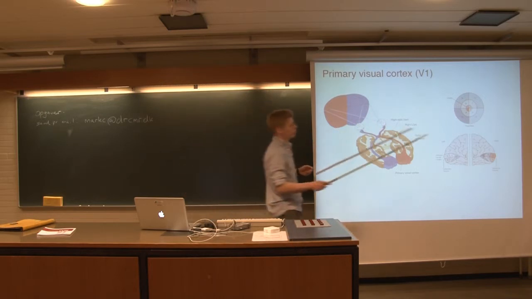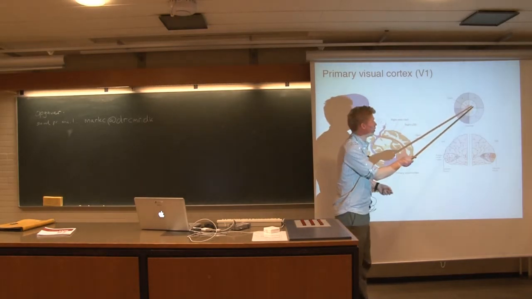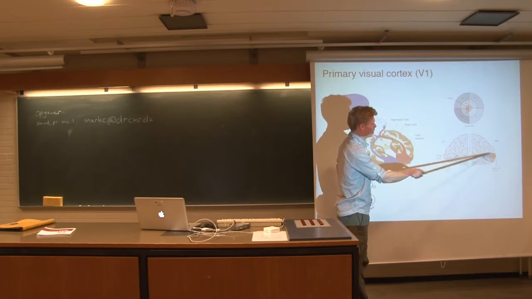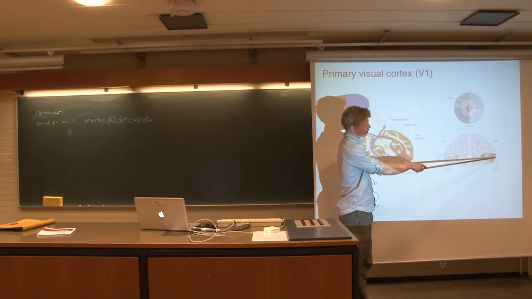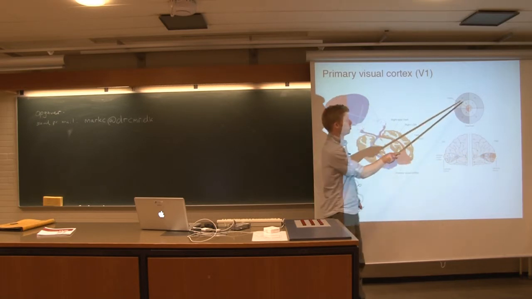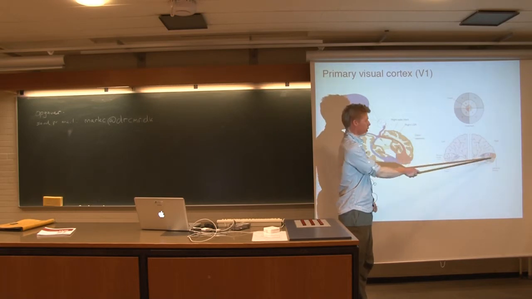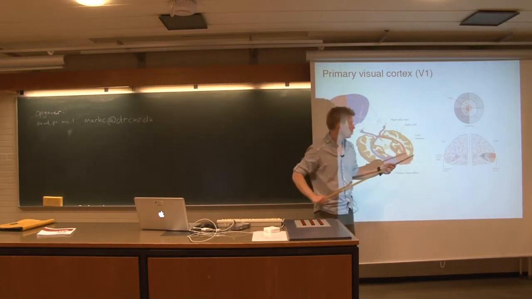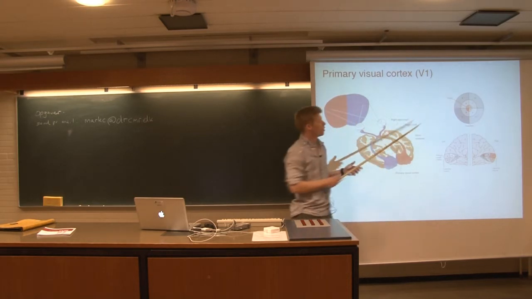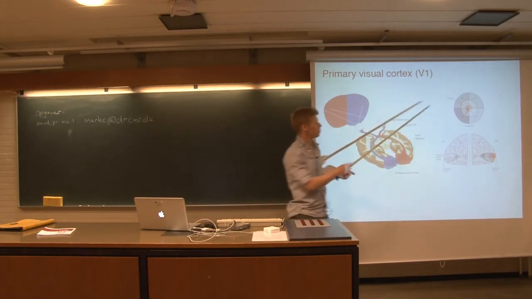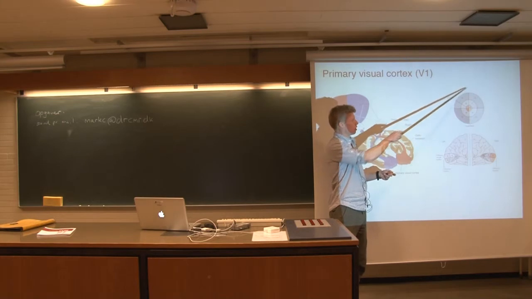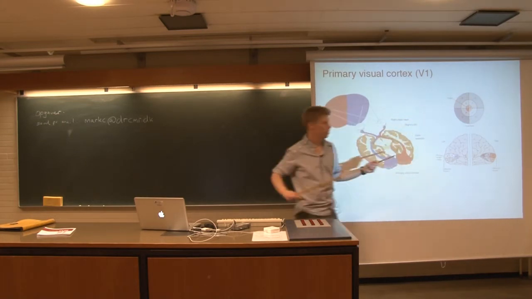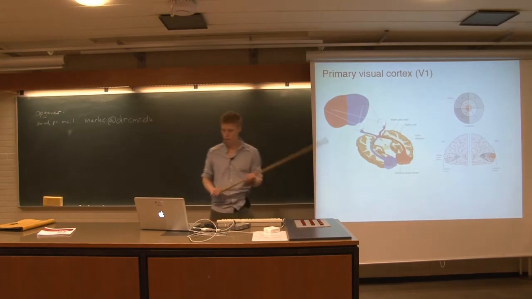Parts near the center, the fovea, are located in the most posterior part of the visual cortex, and as we go further out in the periphery, we move further anterior in the primary visual cortex. Also, the parts of the visual field that are in the upper part will be projected to the lower part of the primary visual cortex.